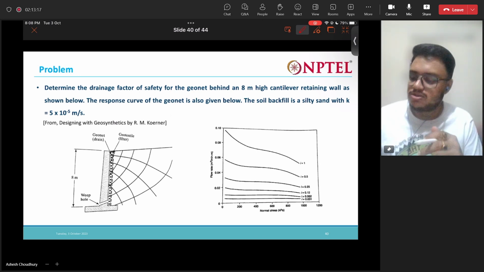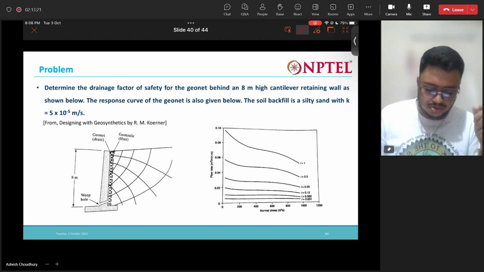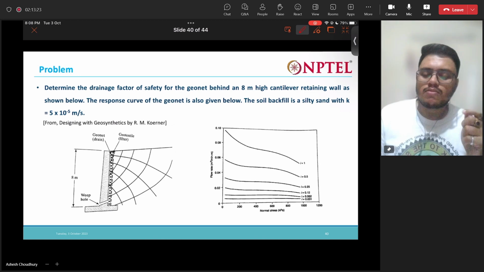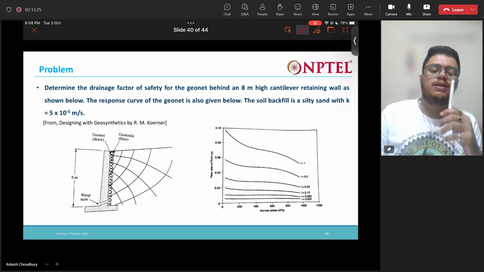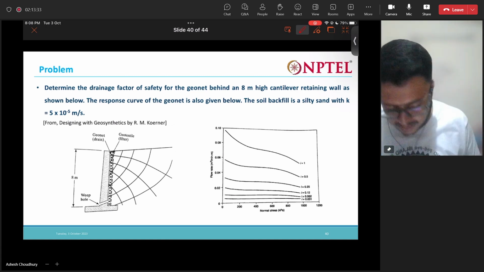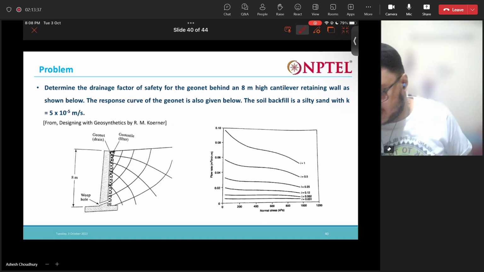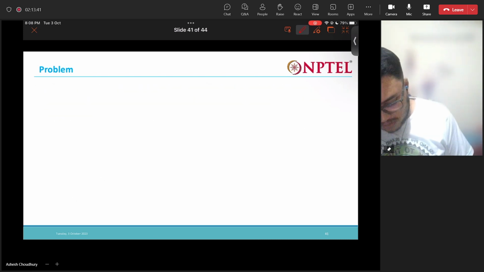So for our geonet, this response curve is given here, and what we need to do is see how much vertical pressure, how much normal stress is actually generated, and corresponding to that normal stress, we need to choose the flow rate for our geonet. First, again, same as before, we will find the flow from the flow net.